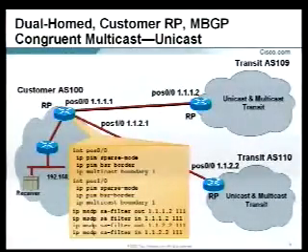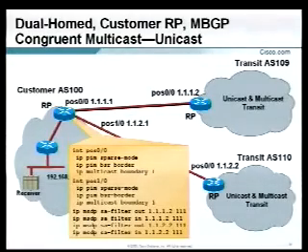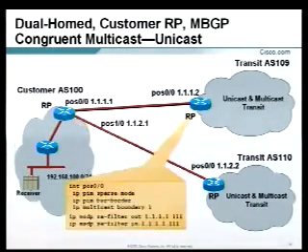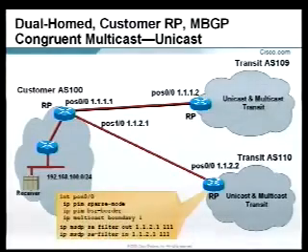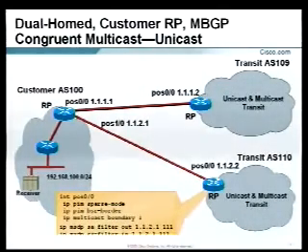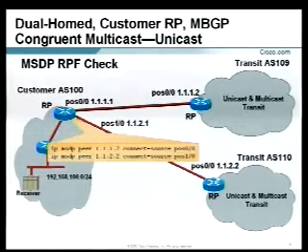And then lastly, which is most ideal, is you have multiple providers, both providing multicast and unicast transit. You're peering with both MSDP as well as MBGP, setting up filters with both. They're advertising your networks because they're learning about your networks via MBGP. And you'll just choose whatever the AS is that's the next best path back towards the originating RP.